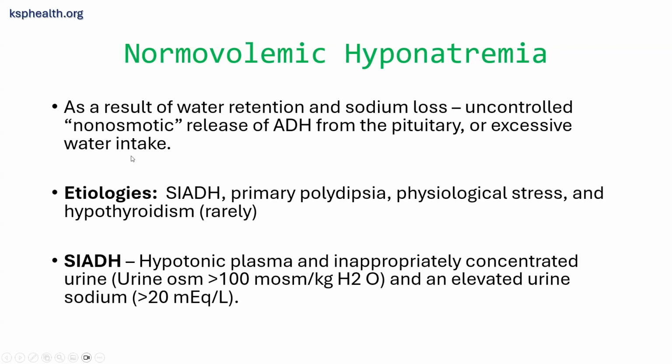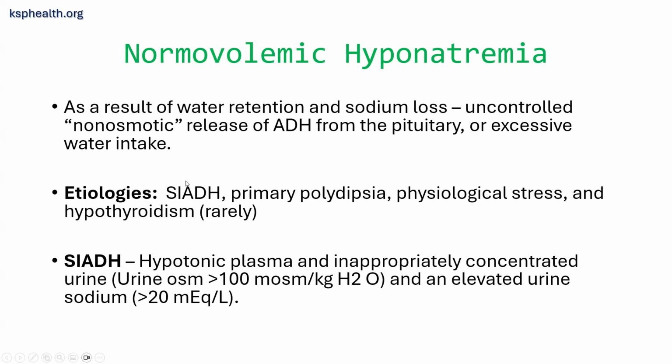Etiologies are SIADH, that is the most common cause of normovolemic hyponatremia. Primary polydipsia is very rare. Physiological stress again falls in the bucket of SIADH. And hypothyroidism, again very rare, even though most books want us to test for hypothyroidism when you deal with hyponatremia.